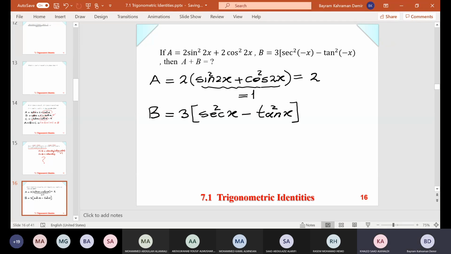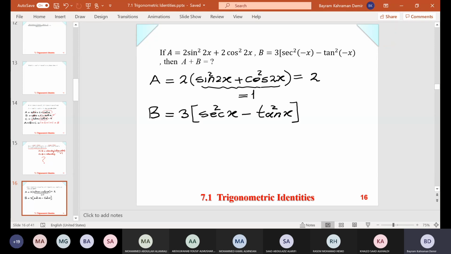Tangent is an odd function, but tangent square is an even function. So we can just remove the negative x.